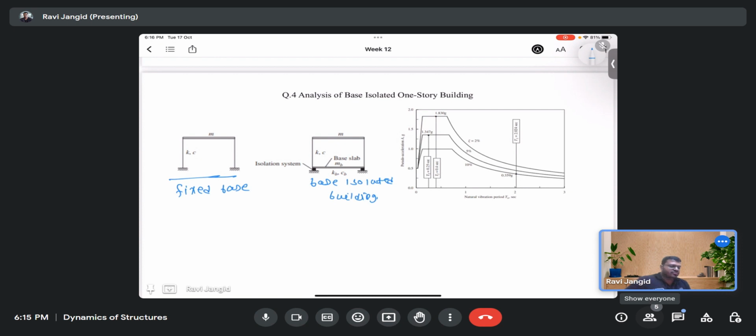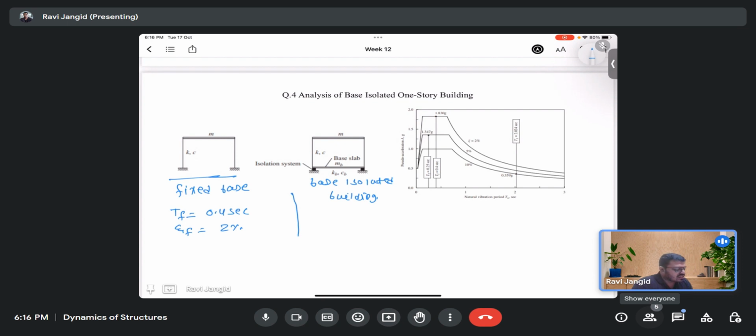We have some given data in that question. We are not going to design the base isolator here. We have the data for the fixed base building: the time period TF of the fixed base is 0.4 second, and the damping of the fixed base building is 2%.